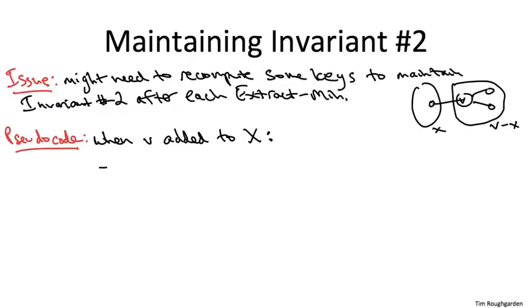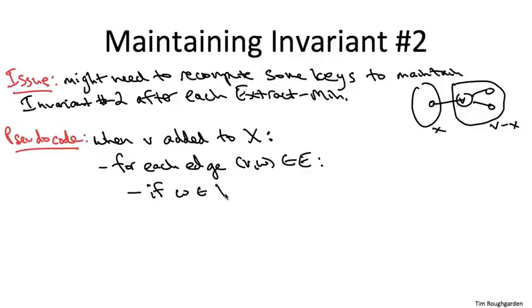This edge has just been sucked into X. We never have to worry about it. But if the other endpoint, so of this edge incident to V, if the other endpoint W is not in X, then with V being pulled over to the left-hand side, now this edge spans the frontier when previously it did not. So the edges we care about are incident to V with the other endpoint outside of X.